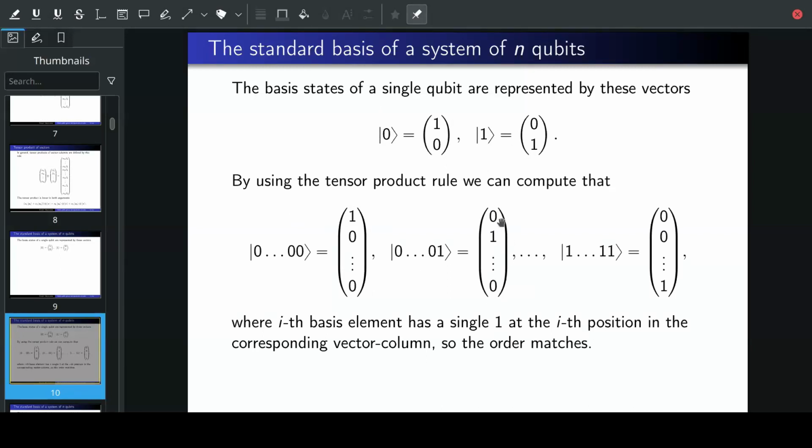And moreover, this one will be exactly at the place that corresponds to the number that this sequence of bits encodes.